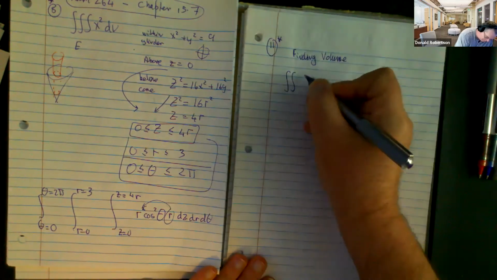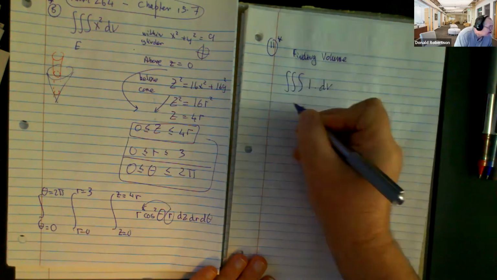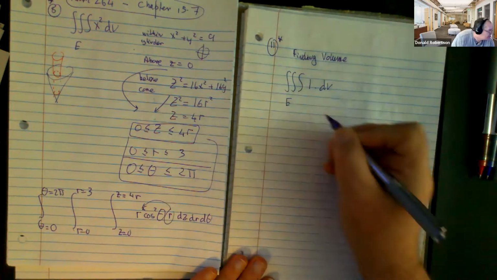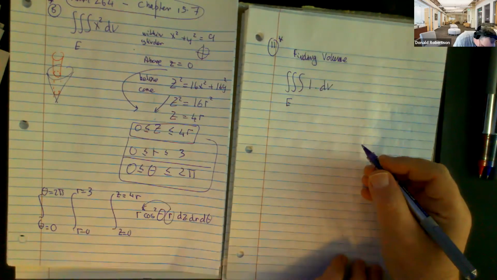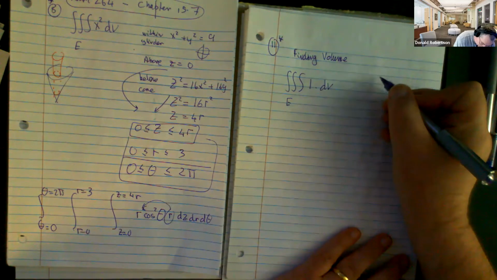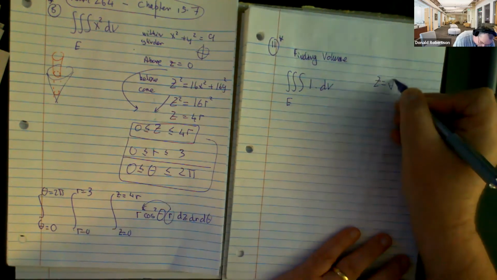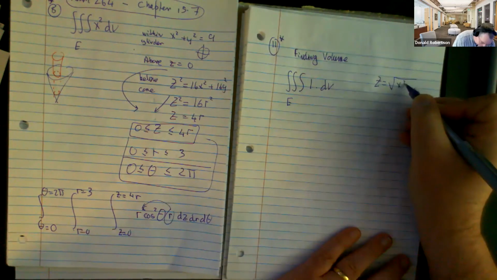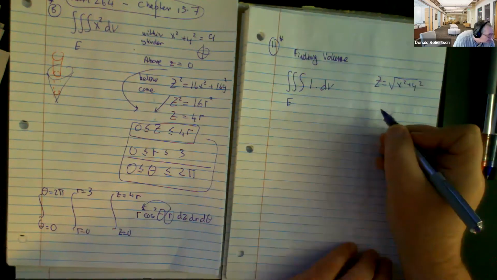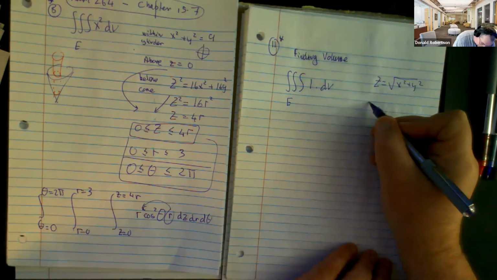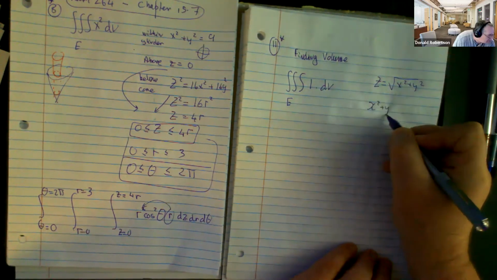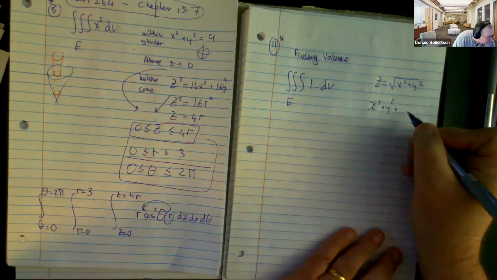of 1. And the region E is a solid enclosed by a cone, which is that, and a sphere. Oh, interesting. Didn't we do a cone, a cylinder and a sphere last time?